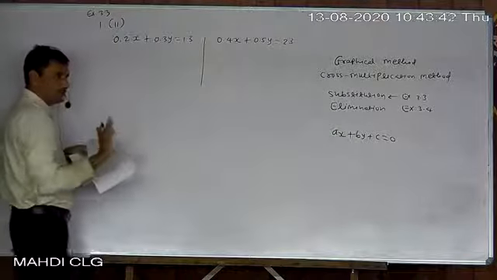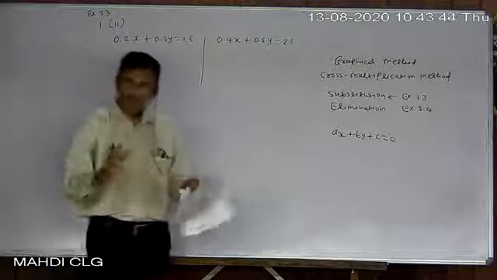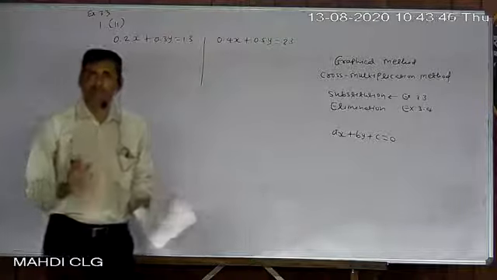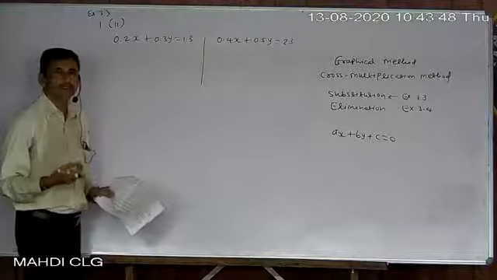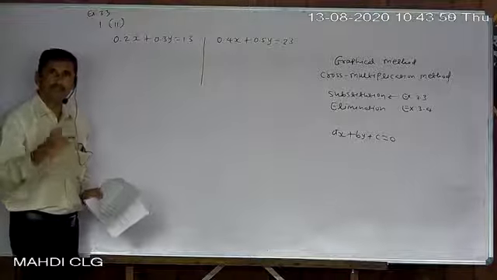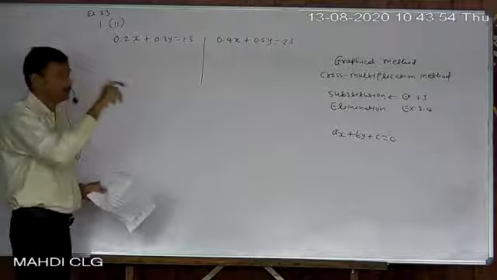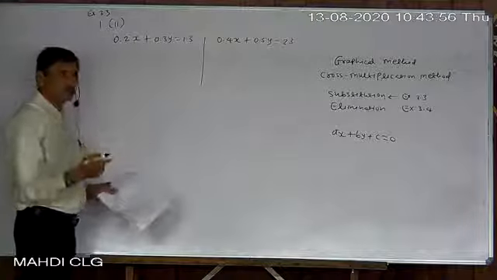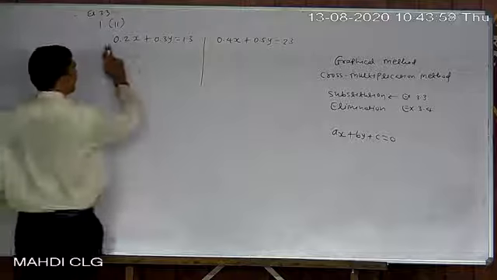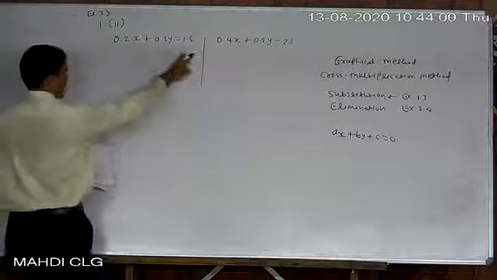That is not a rule. You can work with decimals also. At last the answer will be the same. But mostly it is our practice to convert fractions and decimals into integers. How? By taking the LCM in fractions, or here by multiplying the whole equation by some number. So I multiply the whole equation by 10.